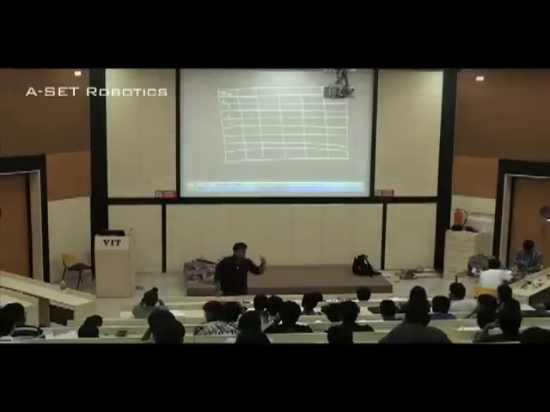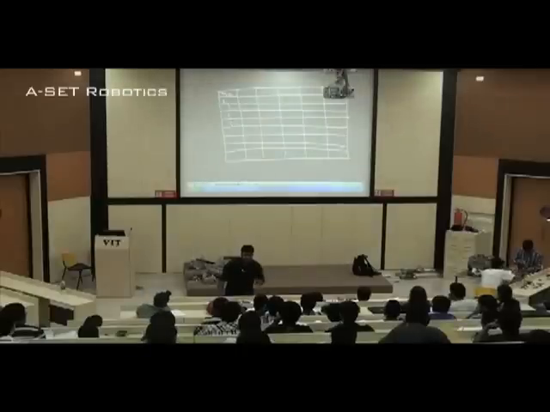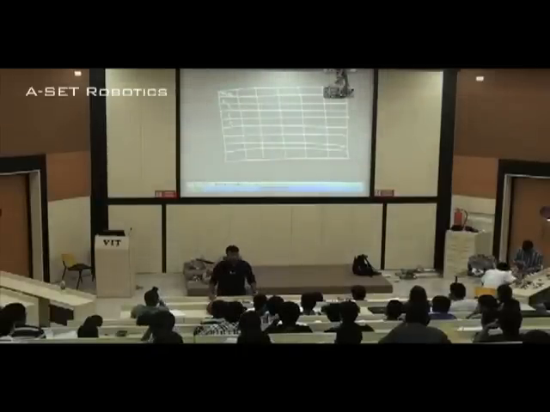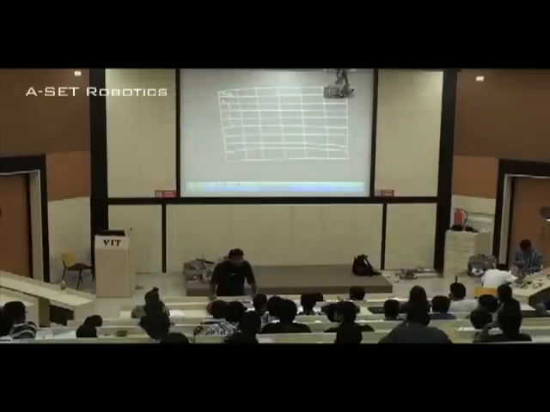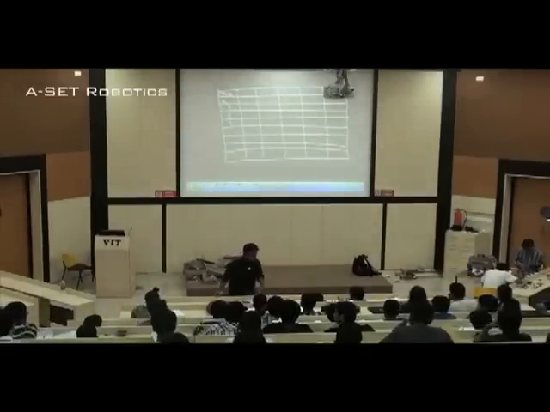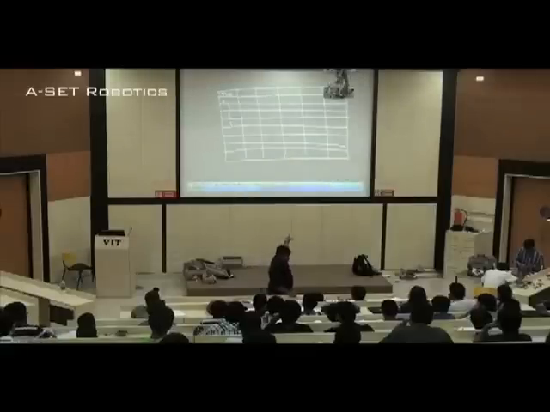So if there is one address line, how many memory addresses can it access? Good question. Any other question? We had 16 address lines in this microprocessor, right?